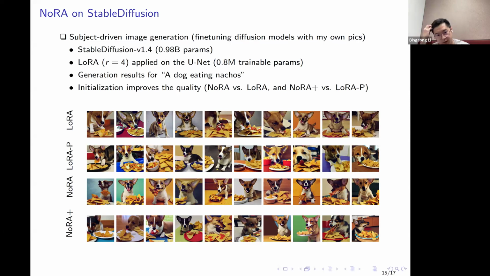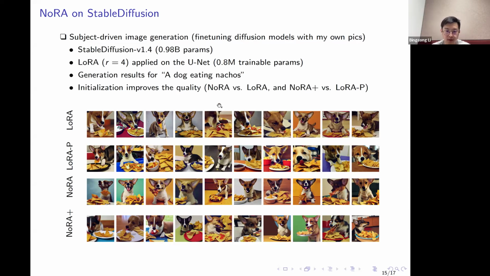The goal of this fine-tuning task is to generate images of a dog eating nachos. By the way, this dog is a picture of the user himself, so very likely stable diffusion has never seen this dog in the pre-trained data.